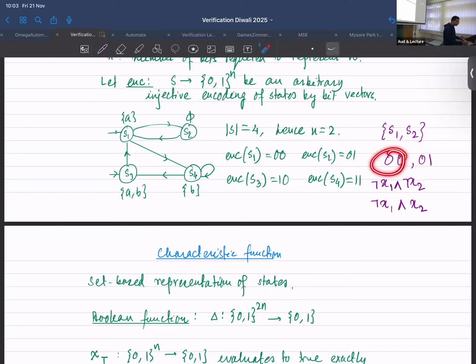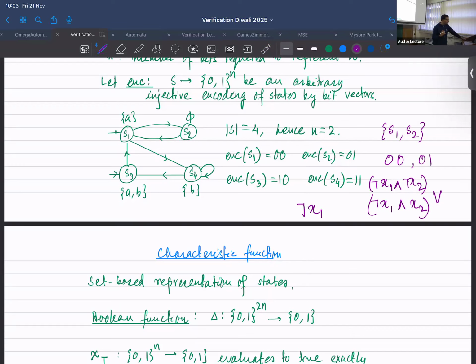So this state is given by this particular function, and this state is given by this function, and when we are talking about the union of these two states, essentially there is a disjunction between them. This is the same as just the negation of x1.